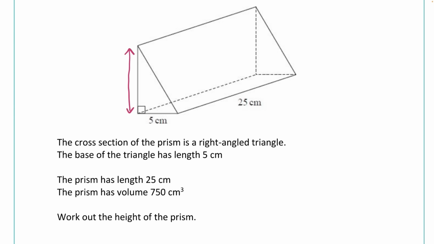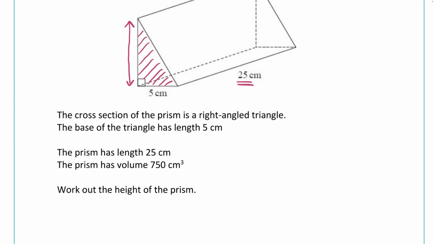Now, I did actually just mention that in order to get the volume, you take the area of the cross section, you times it by the length, which is 25, and it gives you the volume. So if I write the area of the cross-section times the length, which is 25, that now equals 750, which we've been told in the question, so a bit of reverse volume.